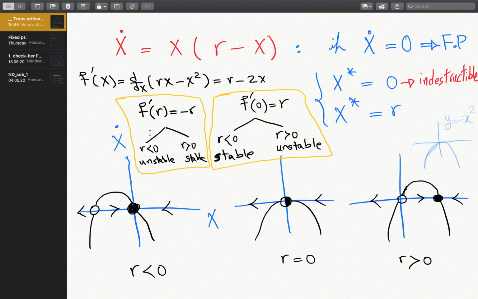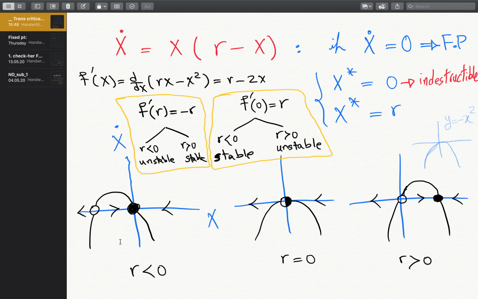So if we want to draw this, we have x dot with respect to x over here. In general, we have this y equal to minus x squared, something like this, right? So we have this sketch in our mind. Therefore, what if r is negative?